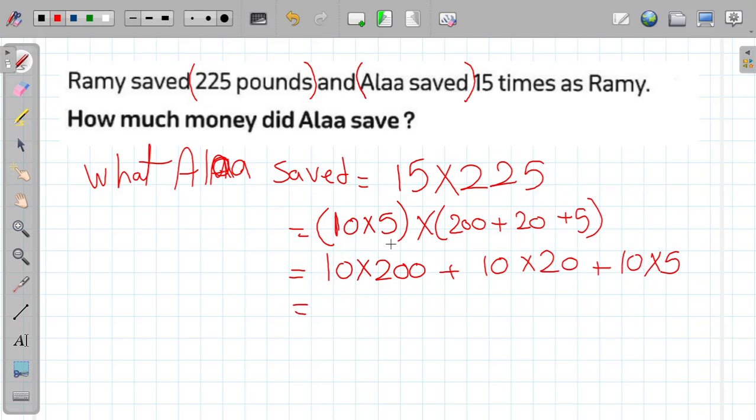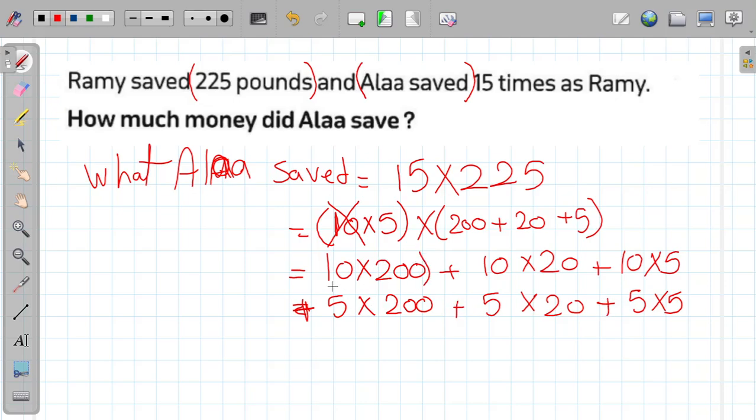The first one is finished. The second one I have 5. So 5 times 200, 5 times 20, and 5 times 5. Let's put a bracket at every operation like this.